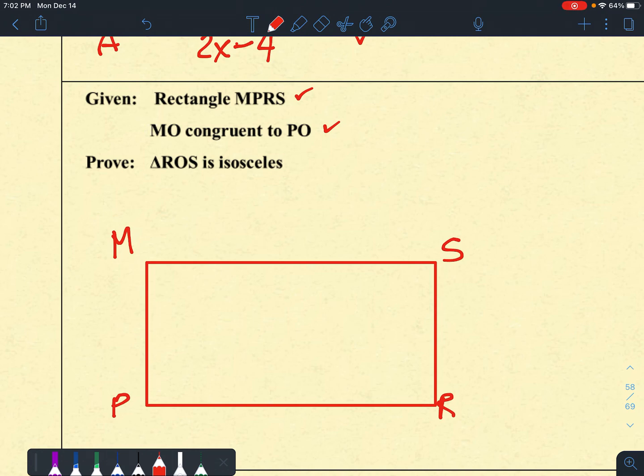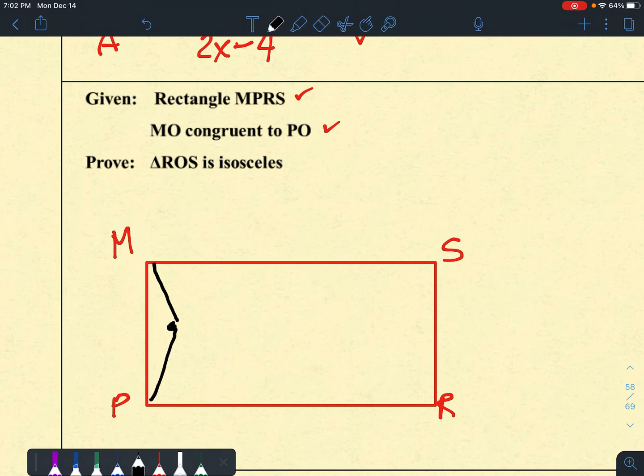O could be here, it could be here, it could be here, and it's important to get these spots down, right? Any of these places that make it equidistant. Try not to pick something that's near the center because that's a really special spot. So I'm going to pick something really close to the edge, and it doesn't really matter if it's inside or outside because it should hold true.